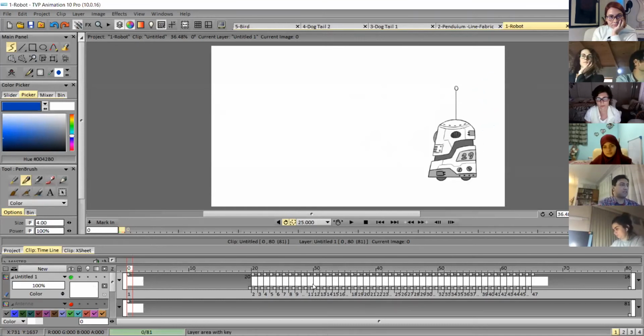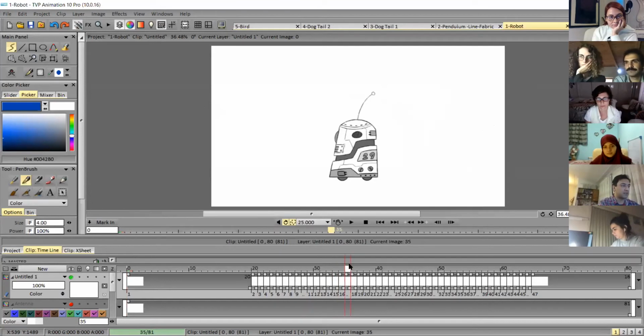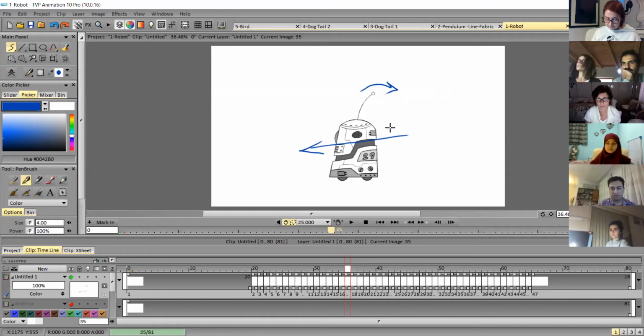Basically, when the main body moves, the appendage is being dragged behind the main body. Temel olarak ana vücut hareket eder, anten ise vücudu takip eder. Geriden vücudu takip eder. This is called overlapping action. Buna overlapping action yani üst üste binen aksiyon denir.